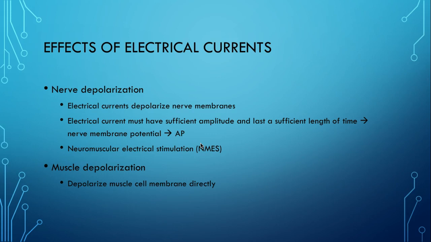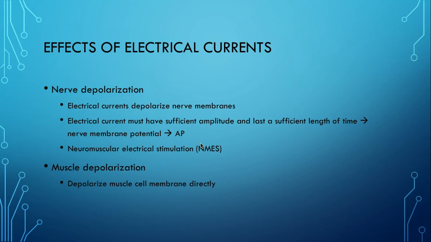The electrical current must have a sufficient amount of amplitude or intensity and last a sufficient length of time, which we consider the pulse duration, in order to get a nerve membrane potential, which you probably all remember is called an action potential. And that is our goal, to get that action potential to get the response that we want from either the sensory or the motor nerves.